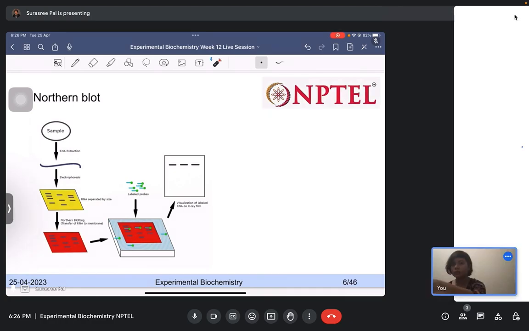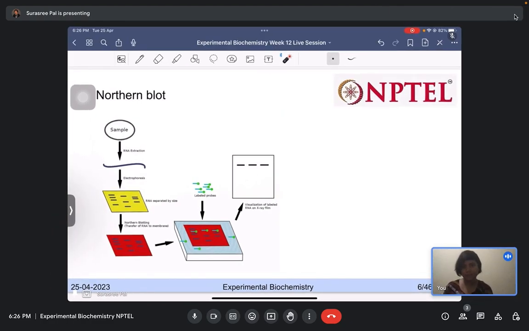So northern blot is a very similar technique to the southern blot, which is used for detection of RNA sequence, right? So RNA is the macromolecule that we want to detect.